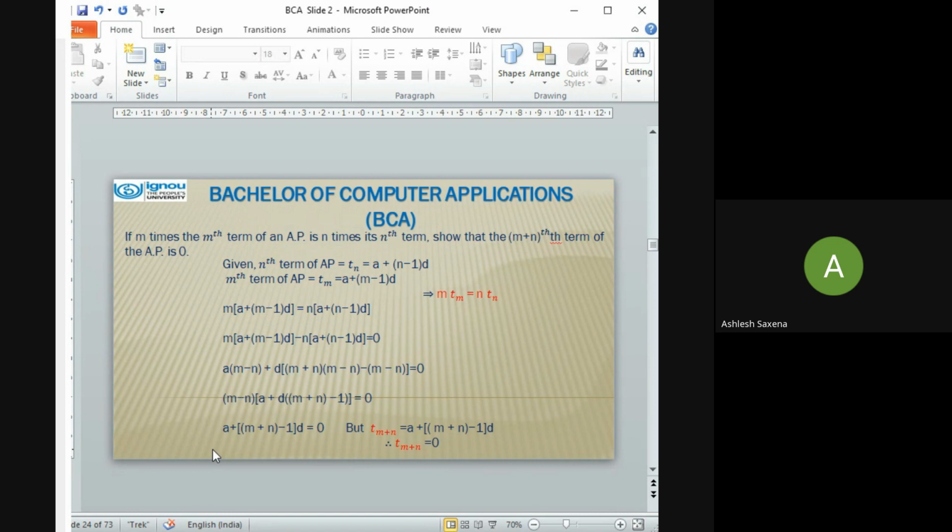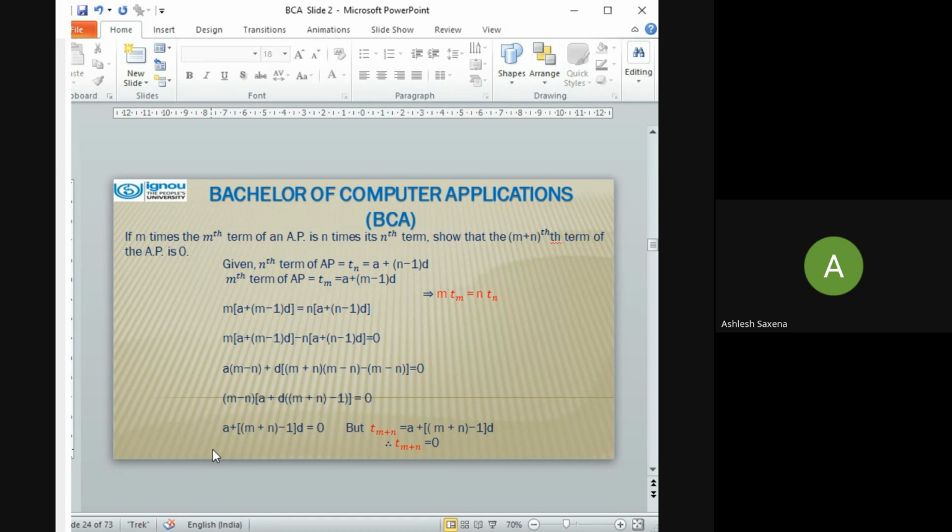What is there in the problem? M times the mth term, that is m Tm, is equal to n times the nth term, that is n Tn. You can see that it is m Tm is equal to n Tn. Replace the value of Tm, which is a plus m minus 1 into d, and replace the value of Tn on the right hand side, which is a plus n minus 1 into d.